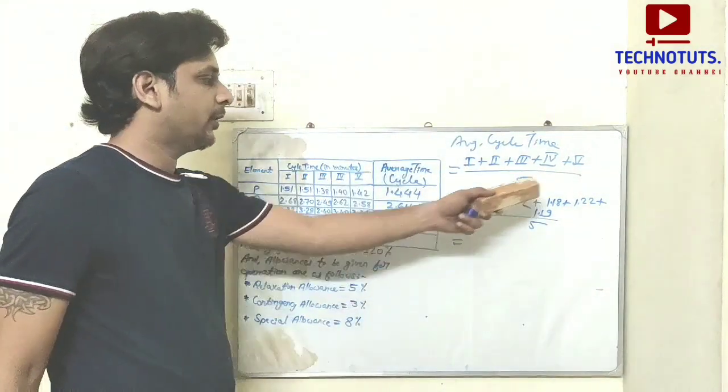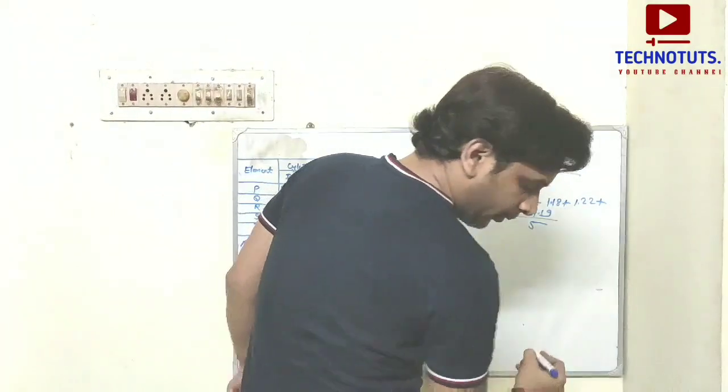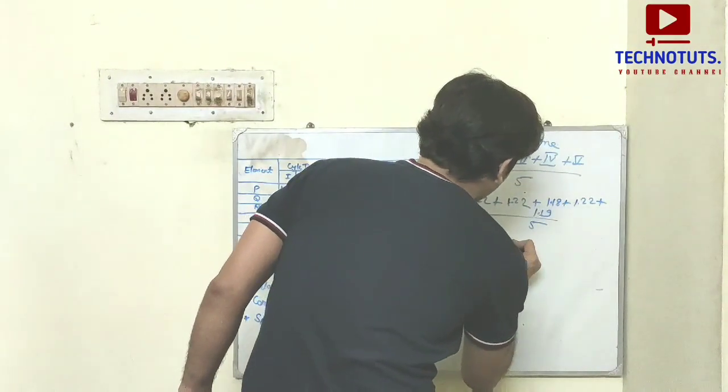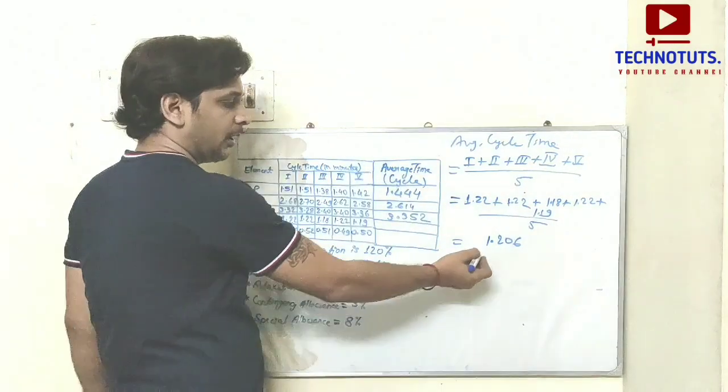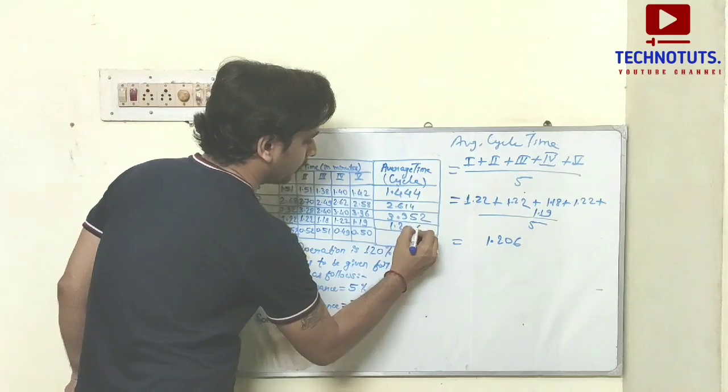On adding all these values and dividing by 5, the value obtained is 1.206. So this is the average cycle time of element S. Let's put this value over here, 1.206.